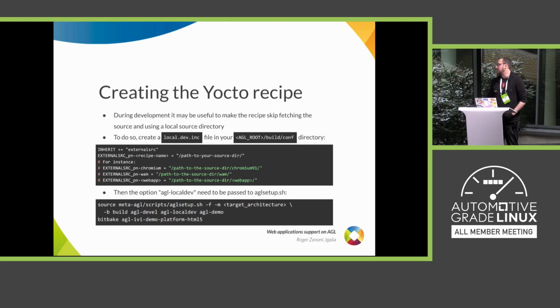And this is how you set up this option that I mentioned. You need to change your configuration files to indicate that you're using the external source recipe, and just point to some file and to some directory with your code and build the image again.